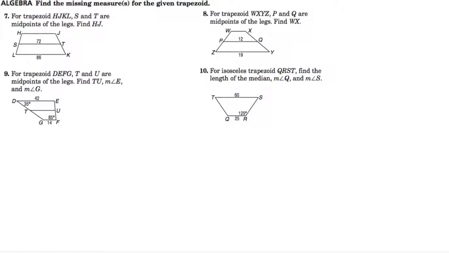So for this trapezoid, HJKL, S and T are the midpoints of the legs. So we want to find HJ. Well, we know, if we call this X, that X plus 86 divided by 2 is equal to 72. So X plus 86 is equal to 144. So X is going to be equal to 144 minus 86, which is 58.